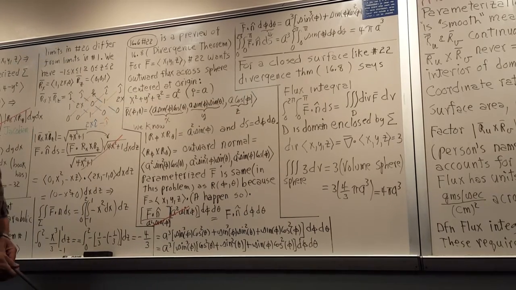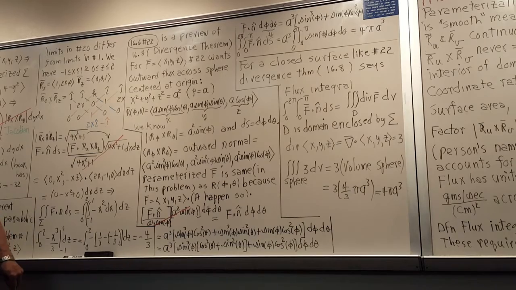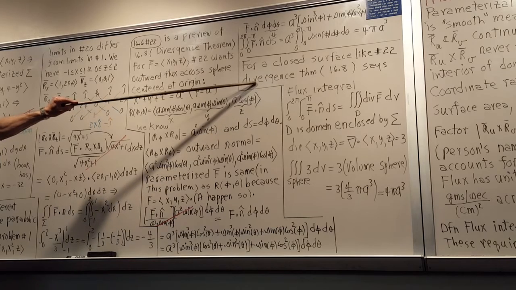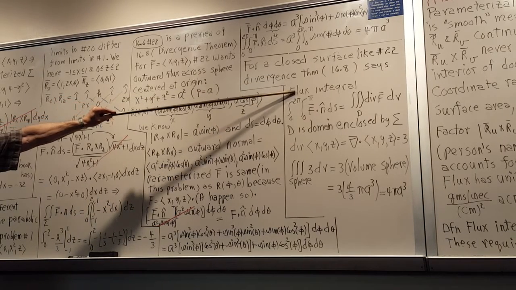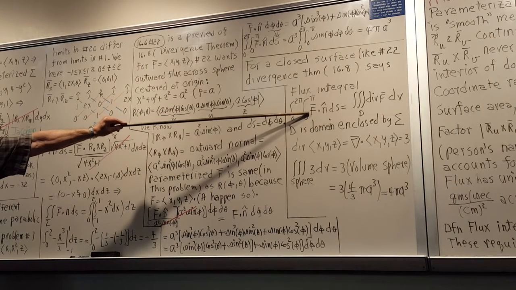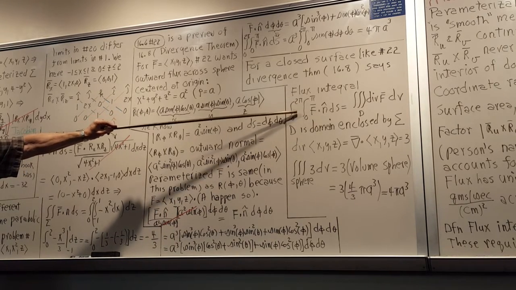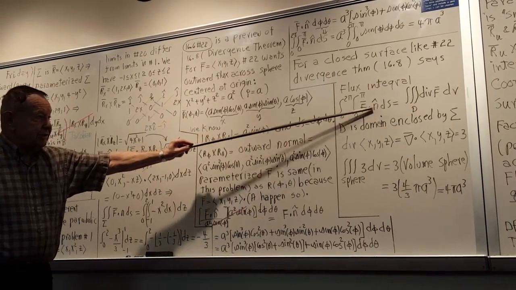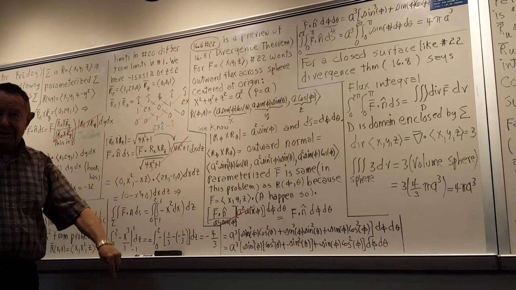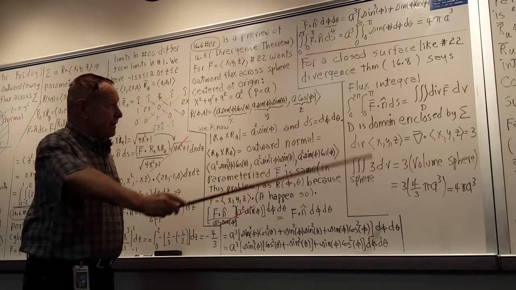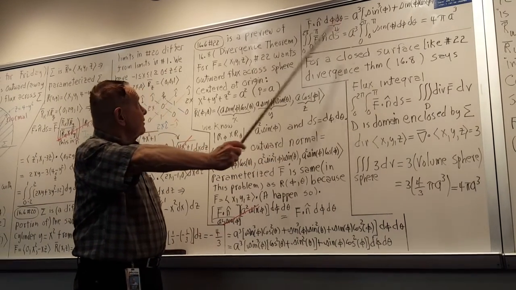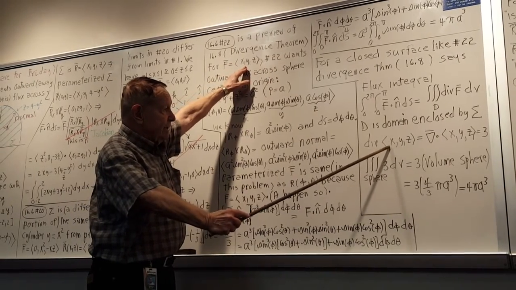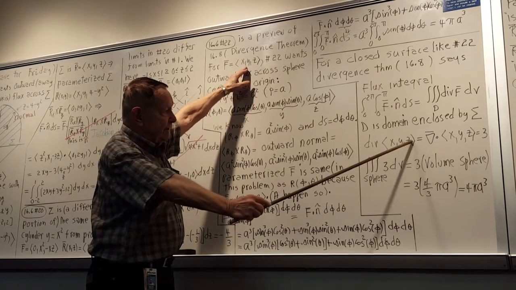Now, the interesting thing is how this relates to what we'll do next Friday, called the divergence theorem, which says that the flux integral over a closed surface like this, a sphere, is equal to the triple integral of the divergence of the field throughout the volume that your surface encloses. And so if you do the divergence of this field, you see you have del dot your field here.